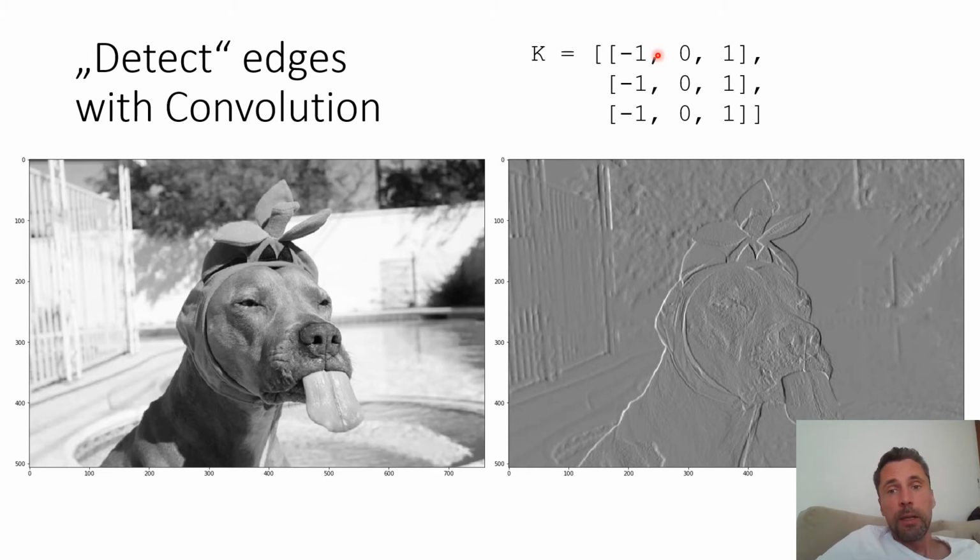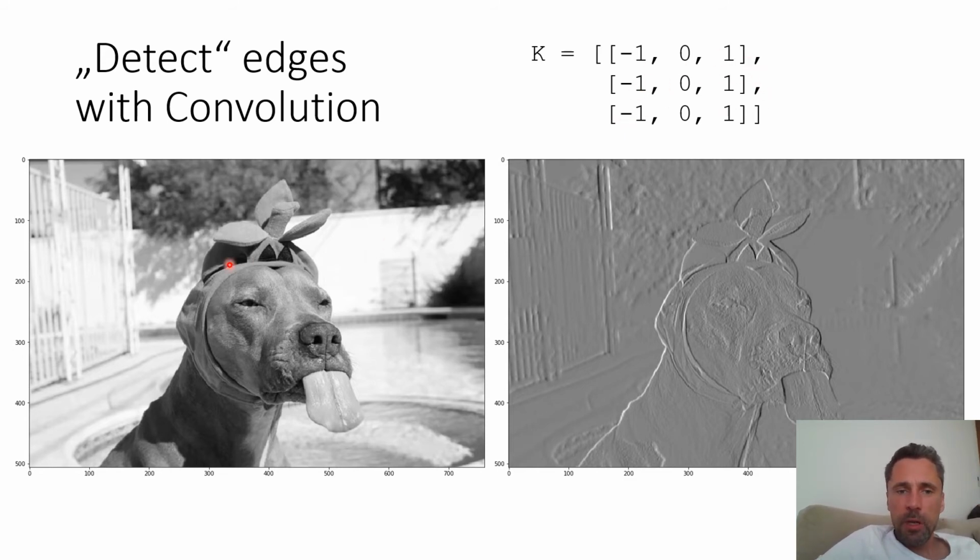And also we have not just 3 entries but 9, because for the vertical direction we smooth or take the average of neighboring pixels. So 1 1 1 means we sum these neighbors up, but then we give them a negative sign because we want to compare these.